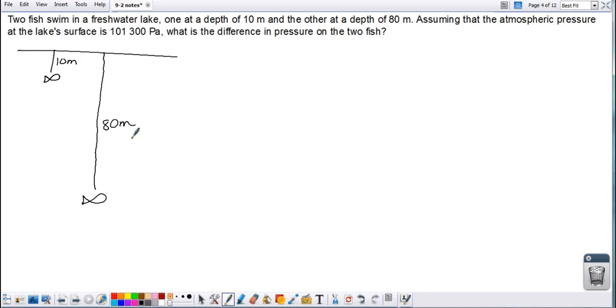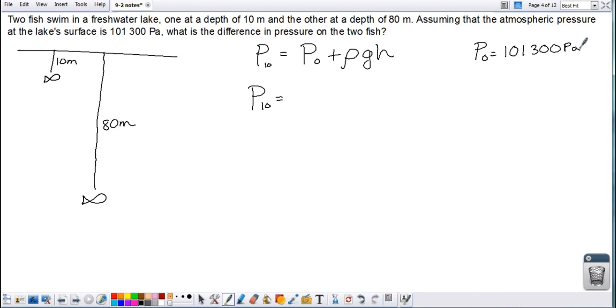So let's find the pressure on the fish at 10 meters first. That is going to be the pressure at the top plus rho g h, density, gravitational field, depth. So the pressure on the fish that's 10 meters below the surface is the pressure at the top, which we know from the problem is 101,300 pascals.